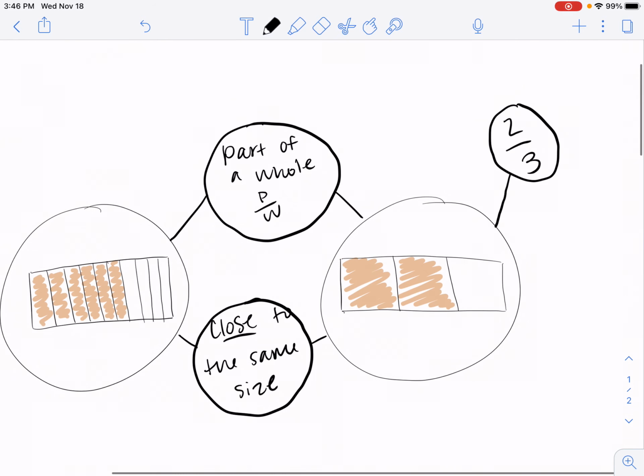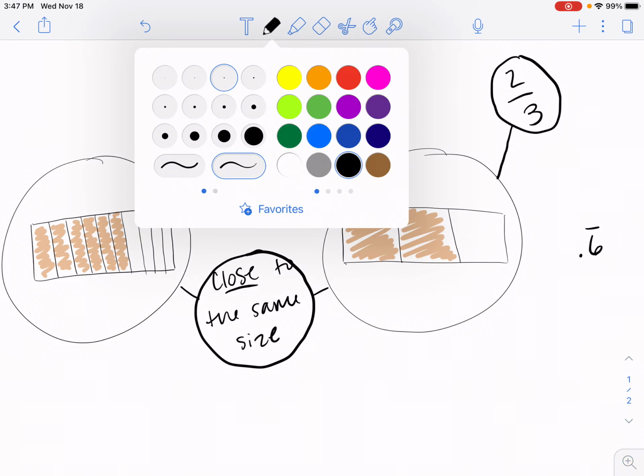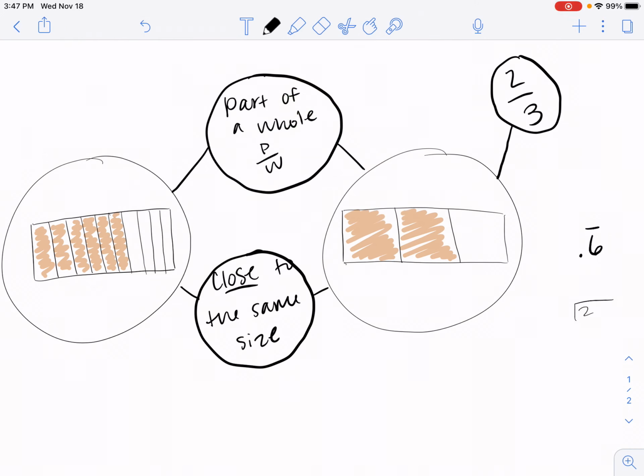Now, if I turned 2/3 into a decimal, if I divided 2 by 3, I would keep getting a repeating decimal. It would look like this, 6 repeating, okay? I'm going to write it with a smaller thing. So if I took my 2/3, the numerator is 2, it goes inside the house, the denominator is 3. 3 cannot go into 2, so I'm going to have to add a decimal. 3 goes into 2 six times. 3 times 6 is 18.